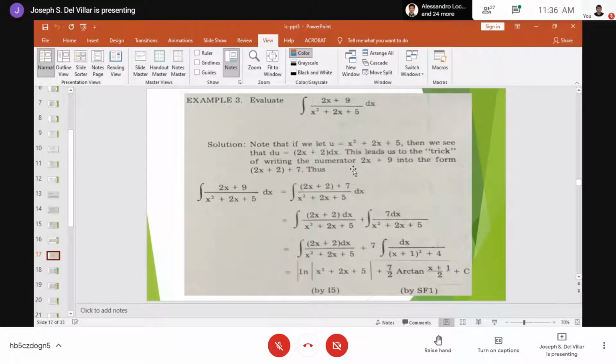So, 2x plus 2, sabi dito, will lead us to the trick of writing the numerator as if it is 2x plus 9. Okay? So, we have 2x plus 2 plus 7. Kumbaga, i-rewrite natin yung 2x plus 9 as 2x plus 2 plus 7. Okay?